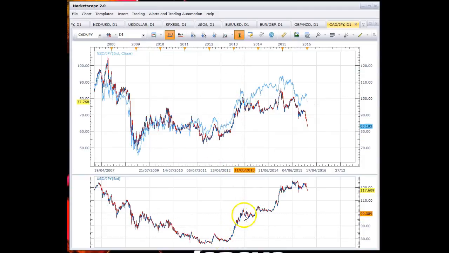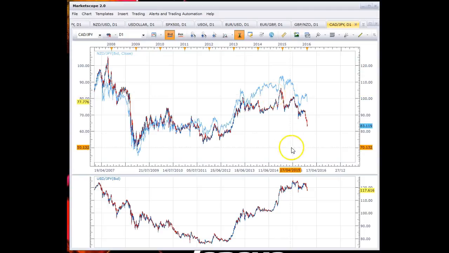Obviously, this was due to the QE program, which made the Japanese yen cheap to fund a carry trade, gathering swap on interest over a long period of time. So buying and holding either of these currencies would have earned you interest. As the interest rate differentials started to diminish, and also as the QE program started to come to an end, essentially, or at least not expanding to new highs.